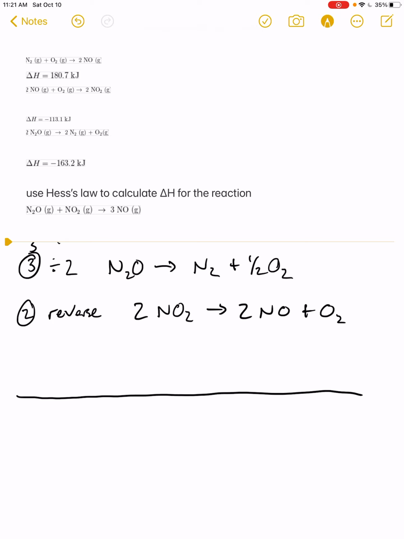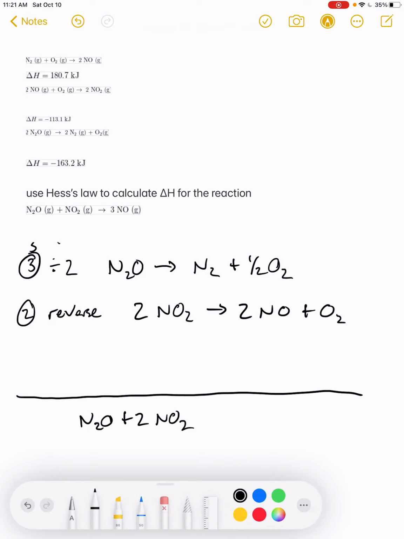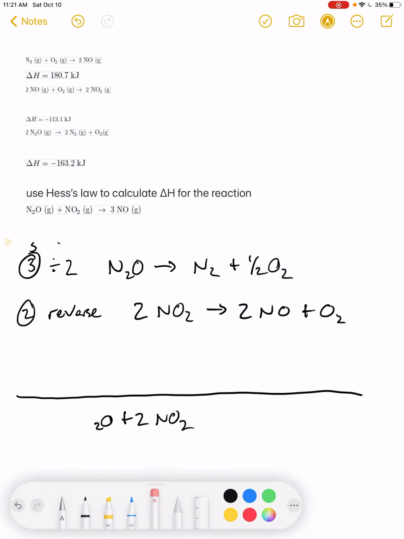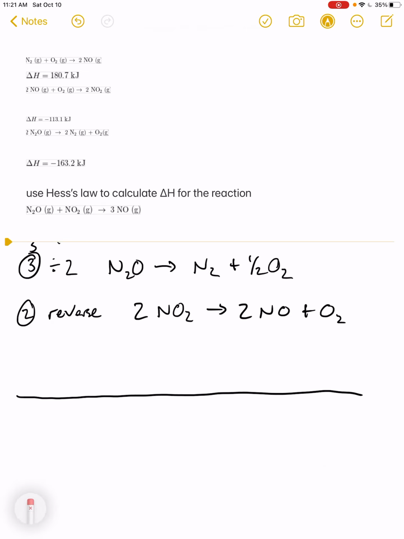Okay? But I have a problem here now, and that is eventually I'm going to want to add these reactions together to give me my overall reaction. But if I do that right now on the reactant side, I have an N2O and a 2NO2. But if I look at the reaction I'm trying to determine, I only want an N2O plus 1 NO2. So I'm going to have to do some further manipulations. So I'm just going to erase this right now.